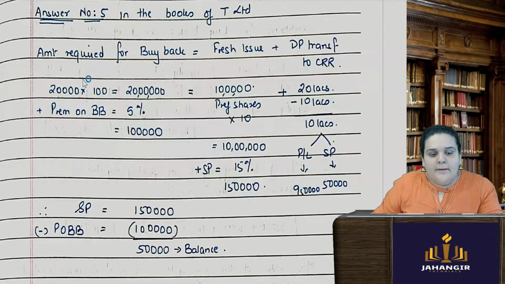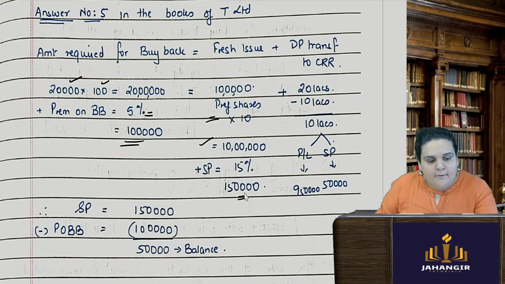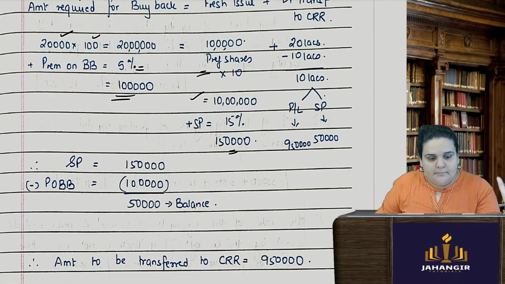Very easy. Amount required for buyback: 20,000 equity shares of rupees 100 each, 20 lakhs. Premium on buyback is 5%, so 1 lakh. Fresh issue they have already told me: 1 lakh shares of 10 rupees each, so 10 lakhs, plus premium I am going to get 15%, 1,50,000. Okay, now first I will adjust my premium.